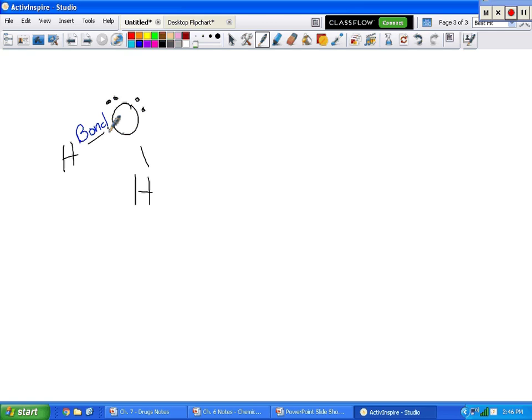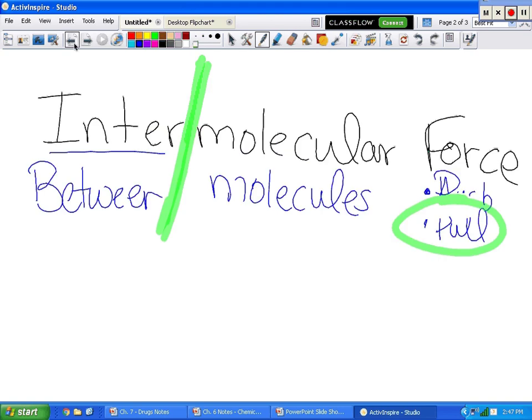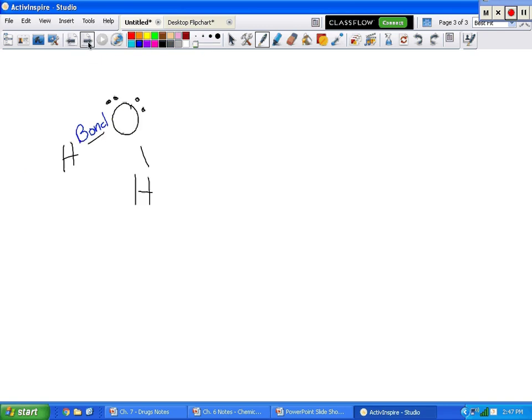No. Reread what that says. An intermolecular force is a force where? Between molecules. What if I wanted to talk about in this molecule? That would be intra, right? We need to talk about between. So what do I need to draw to make it an intermolecular force? Another water. Very good. So let me draw, actually, let's do this.